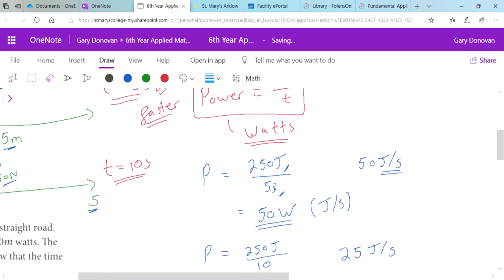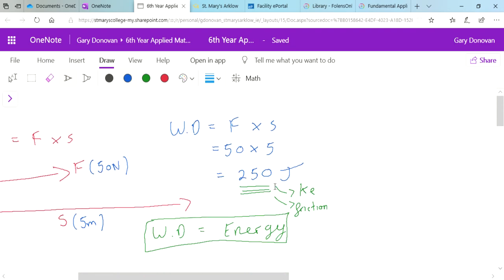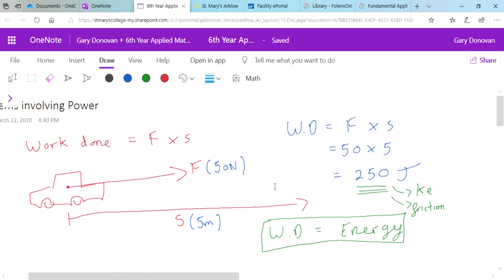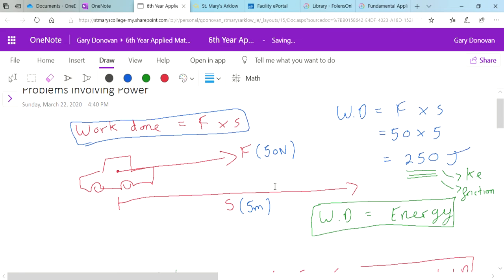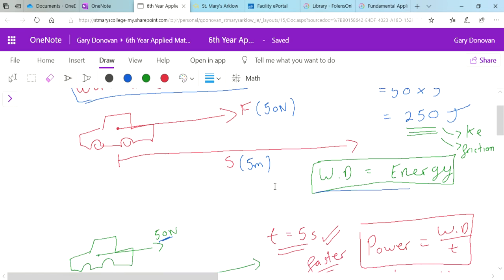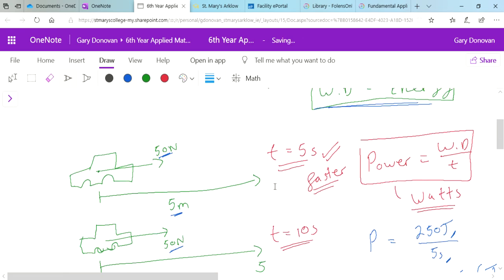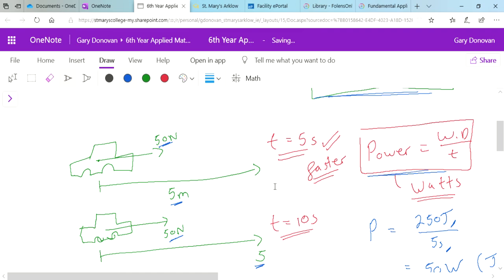So there's three new equations for you if you don't do physics. First of all, work done equals force times distance. So you want to remember that one. Secondly, work done is the same as energy transferred. And thirdly, you have this equation for power.